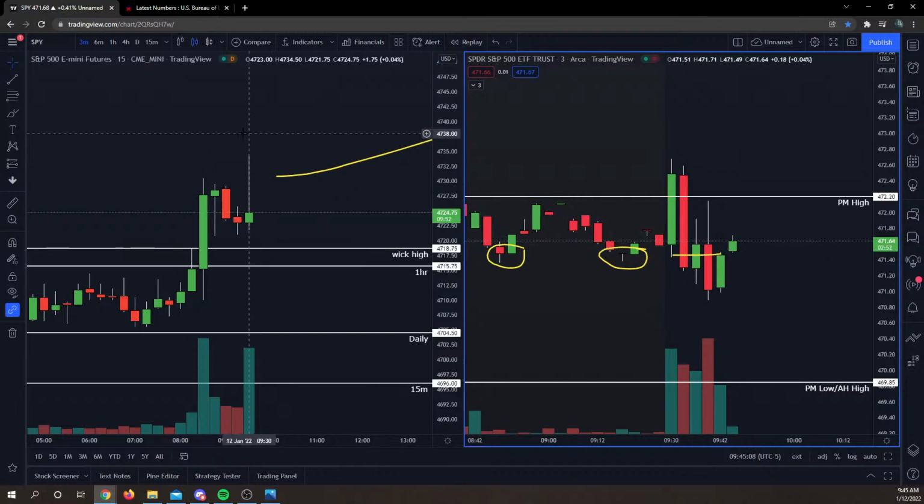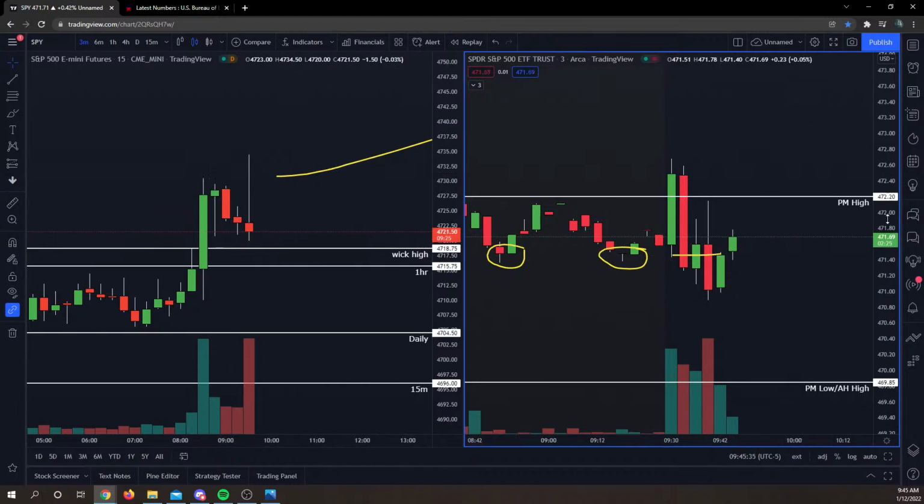Okay, looking at a 15-minute, we gave it back. We gave that wick, so we now have a real top-heavy wick. Fully anticipating a 471.15 recycle here on the futures, seeing as how we could not hold that high pop.